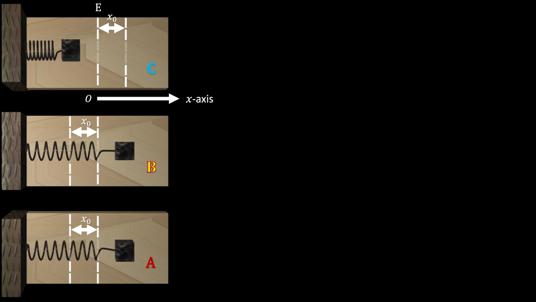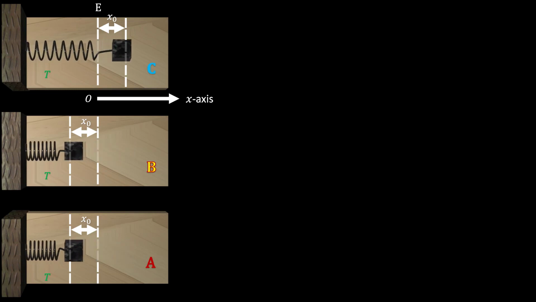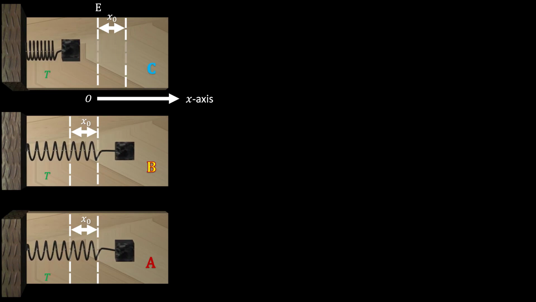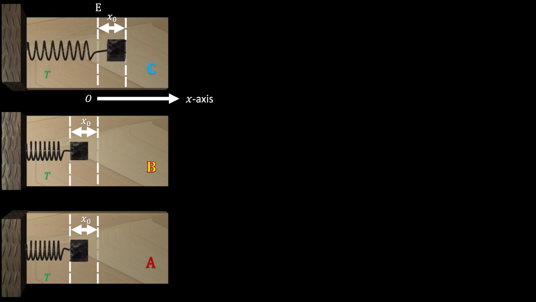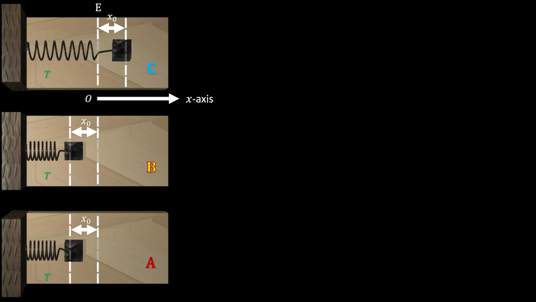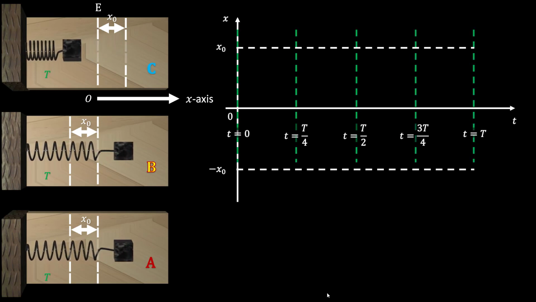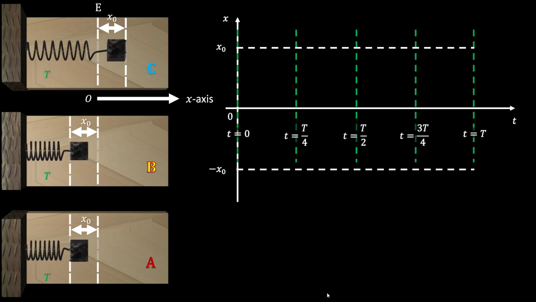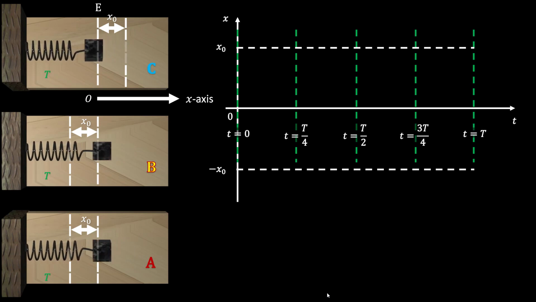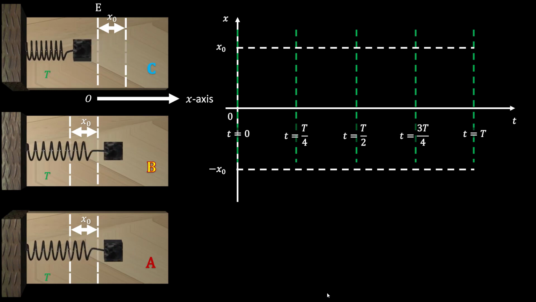As time proceeds, all three bodies move back and forth about the equilibrium position with amplitude x naught and time period capital T. We are going to use A as a reference to describe the motion of B and C. The motion of B is exactly as that of A, while the motion of C is always opposite to that of A. Now let us sketch the displacement from O, denoted as x, versus time t for each body.